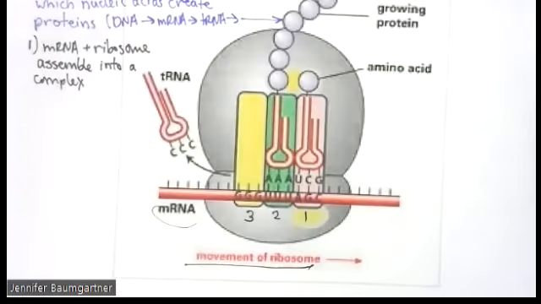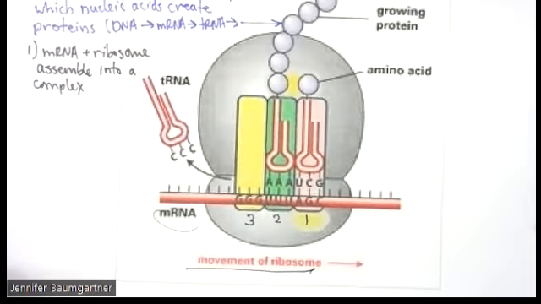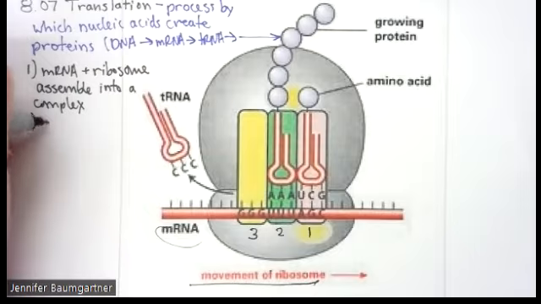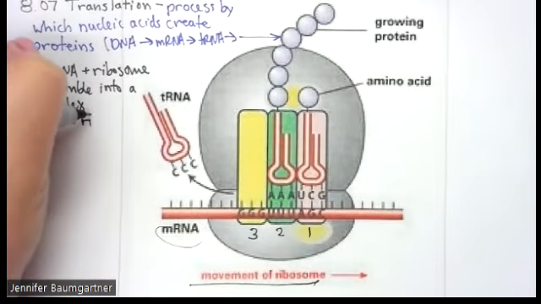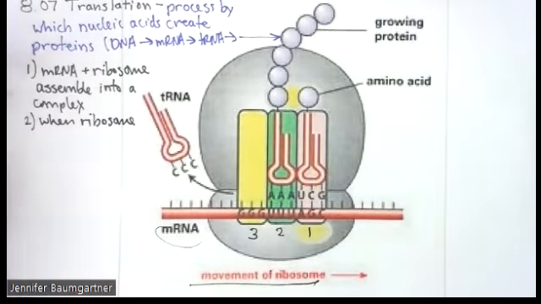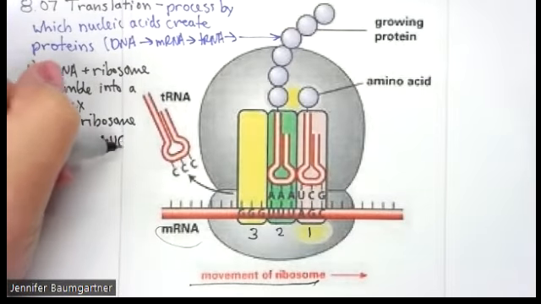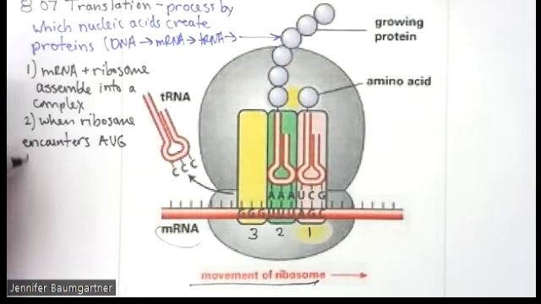So let's go back. The second thing that's going to happen is when the ribosome encounters AUG, translation will start.